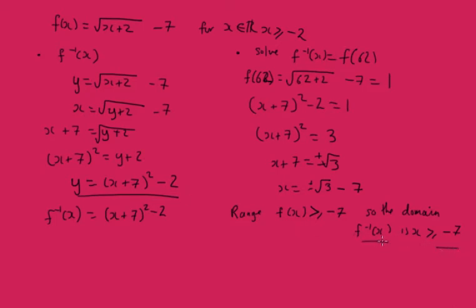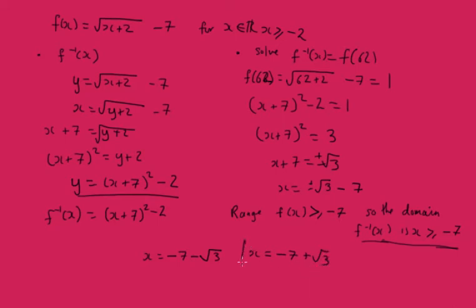So let's look at our two solutions. We have x equal to minus 7 minus the square root of 3, or x equal to minus 7 plus the square root of 3.